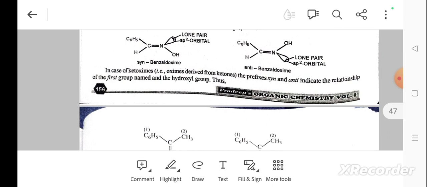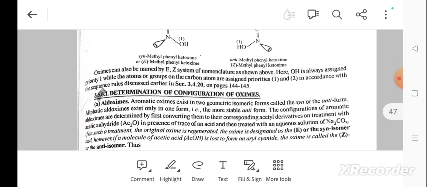In the case of ketoximes, the prefixes syn and anti indicate the relationship between the first group named and the hydroxyl group. Oximes can also be named by the E-Z system of nomenclature as shown above. Here OH is assigned priority first, while the atoms or groups on the carbon atom are assigned priority first and second in accordance with the sequence rule discussed earlier in the section.